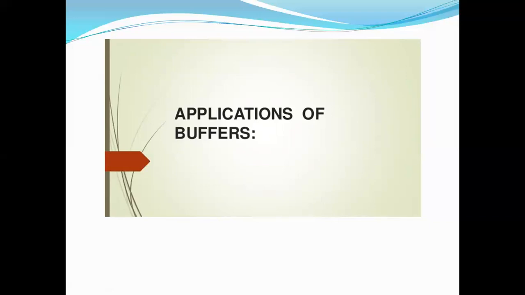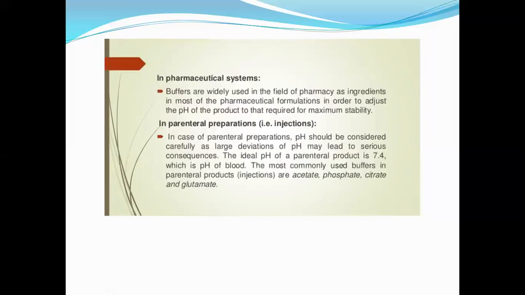So, the applications of buffers in practical life. Pharmaceutical systems: buffers are used in pharmacy as ingredients in most pharmaceutical formulations in order to adjust the pH of the product to that required for maximum stability.